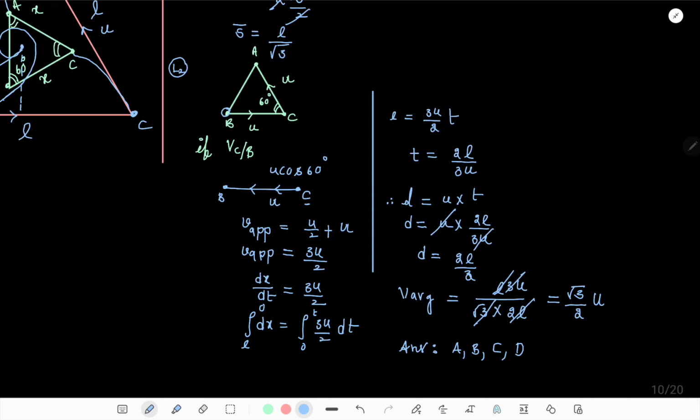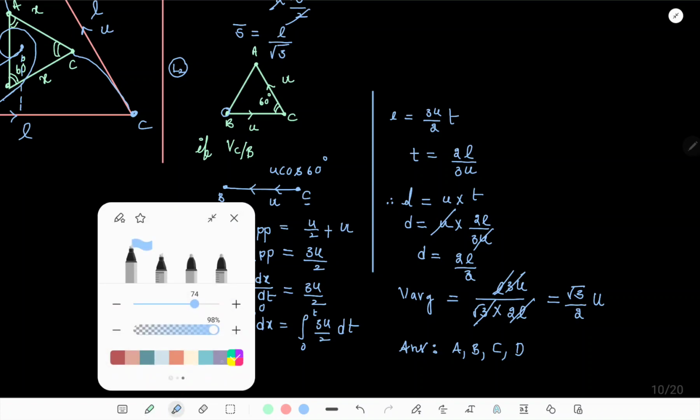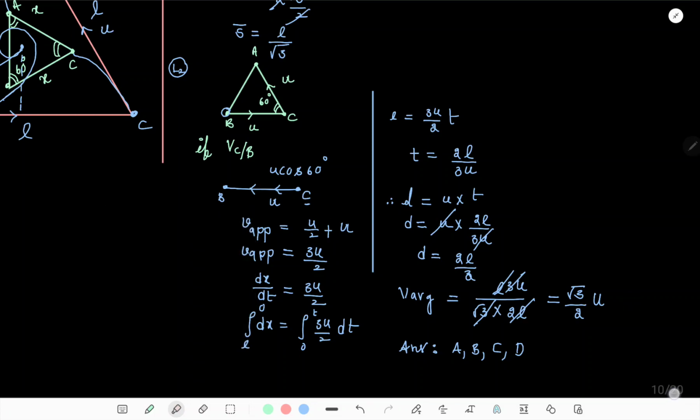Clear? So this is one answer, and this is one more answer, that is the approaching velocity, and this is the time, and this is the displacement.